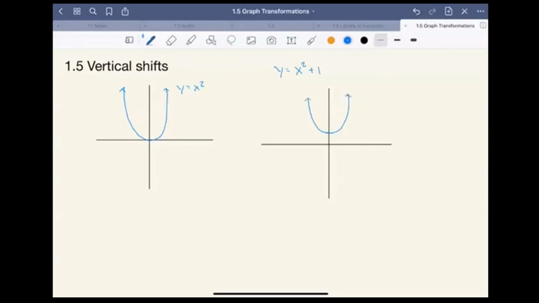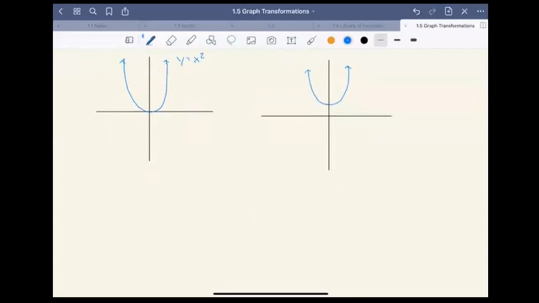All right, so our vertical shift is going to follow the following pattern. Let's take a bigger than 0 again. f of x plus a, that moves up by a.